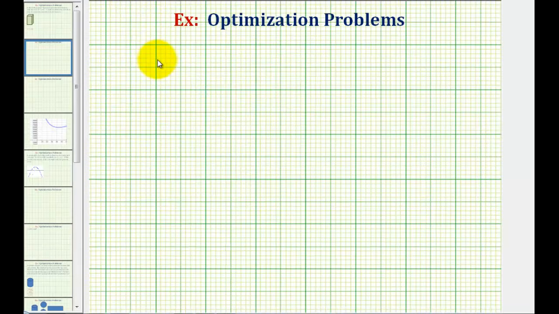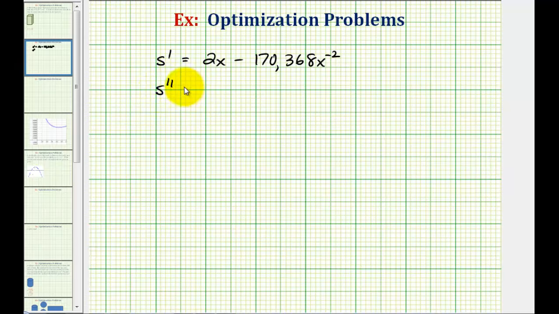So remember, the first derivative was equal to 2x minus 170,368x to the power of negative 2. So to find the second derivative, we'll find the derivative of the derivative. The derivative of 2x would be 2. Now for the next term, we're going to multiply by negative 2.